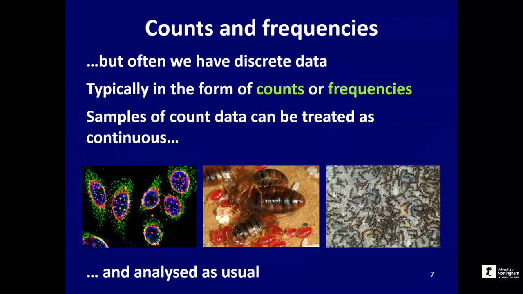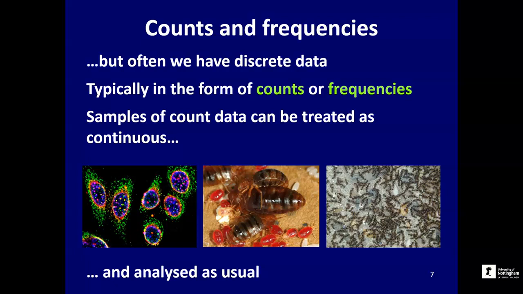But very often the data we have are not continuous, they're actually discrete. The data fall into discrete bins of some sort. Sometimes they fall into nominal categories with different names, but sometimes they fall into numeric categories that we can treat effectively as if they're continuous. So there's a bit of a distinction here.